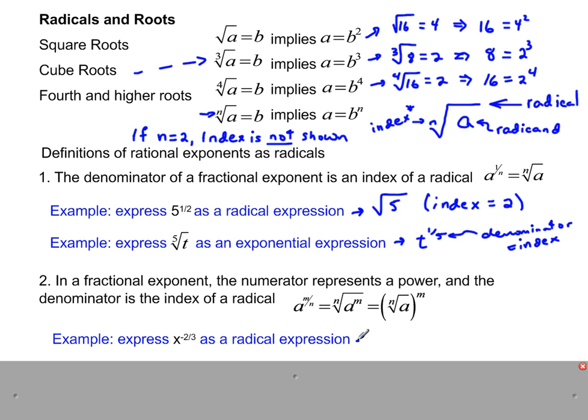I need to take 2 steps. Of course, I need to get rid of the negative in that exponent, so I could write it as 1 divided by x to the positive 2/3 to begin with.